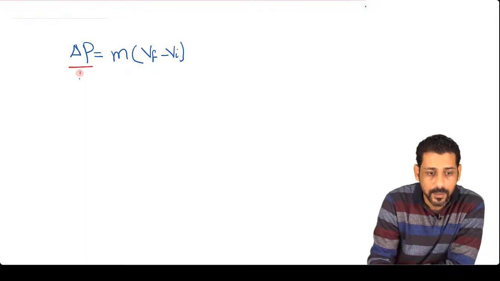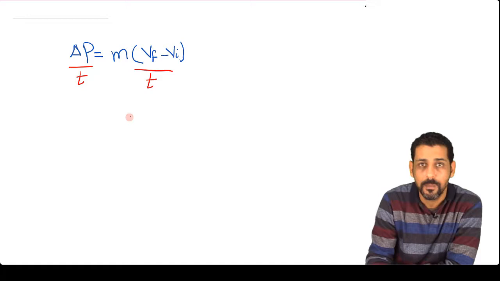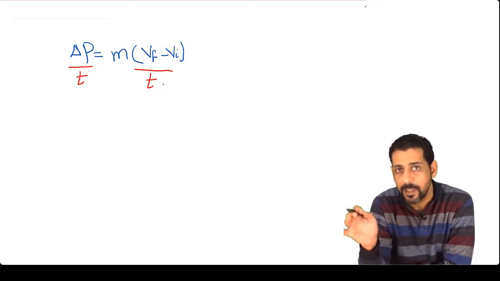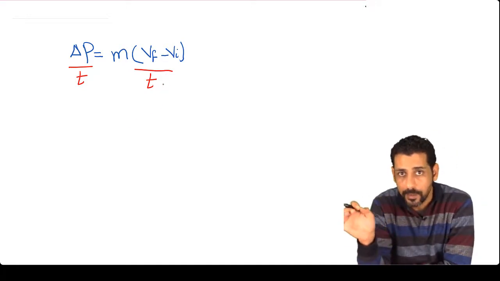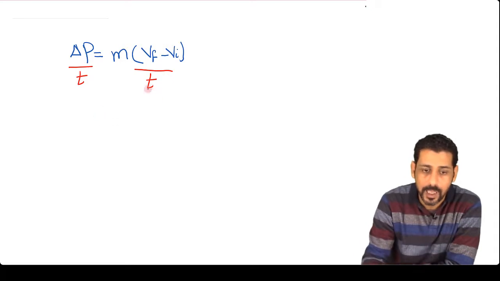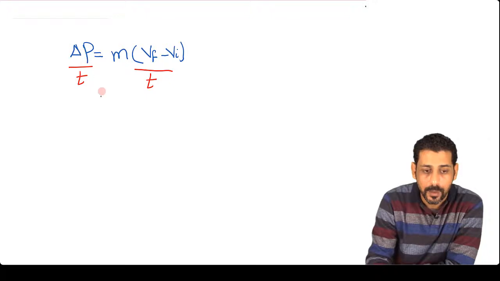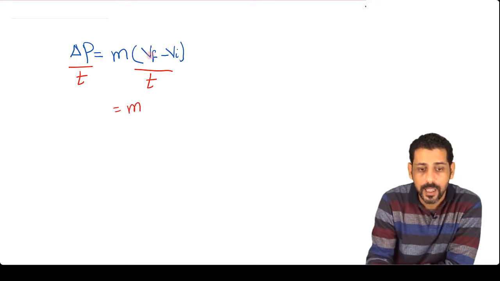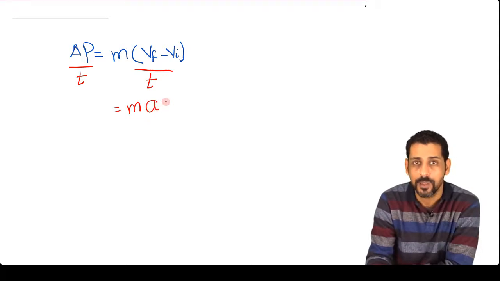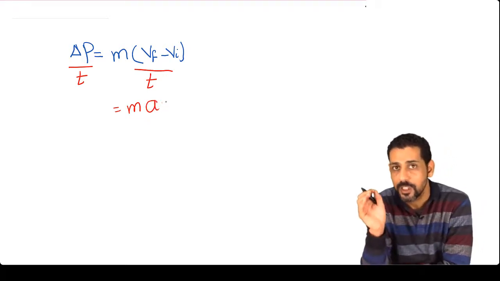If I take this side divided by t and this side divided by t, t is the time and it's called impact time. So actually the change in momentum is mass and Vf minus Vi divided by t, this is the acceleration, and we took this before in the first term.